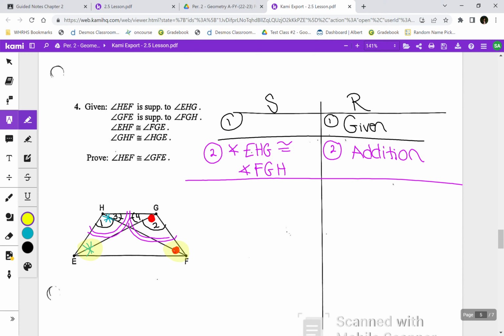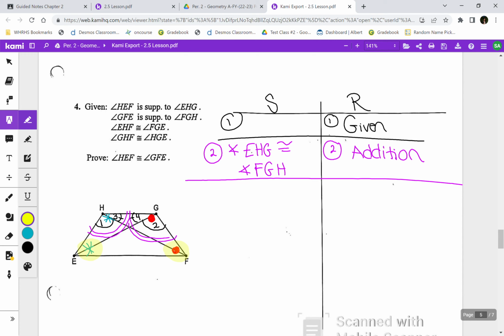Didn't we learn a theorem that I made you memorize about congruent angles and their supplements? Does anybody remember that theorem? Omar? Good. Supplements of congruent angles are congruent. Aren't big H and big G congruent? And isn't big E and big F their supplements?